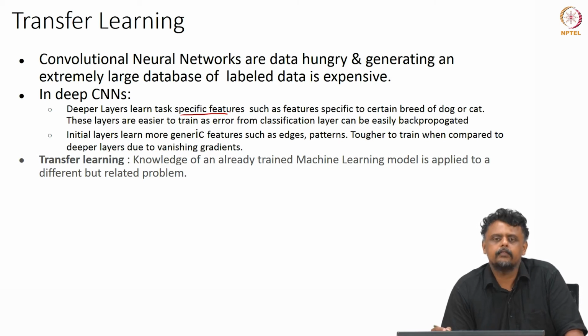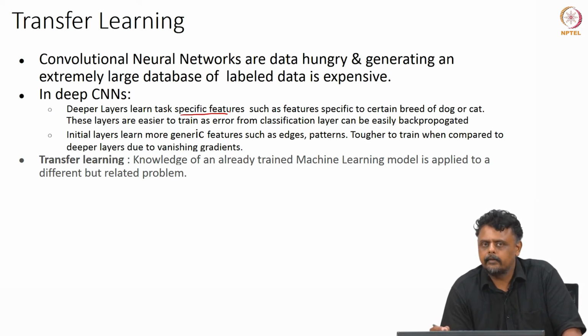So, we just try to exploit the features learned by this already pre-trained network for your task, and since the deeper layers are easier to train compared to the earlier layers in the network, fine tuning the pre-trained network with the data that you have will hopefully modify your outermost layers and adapt it to the task at hand.